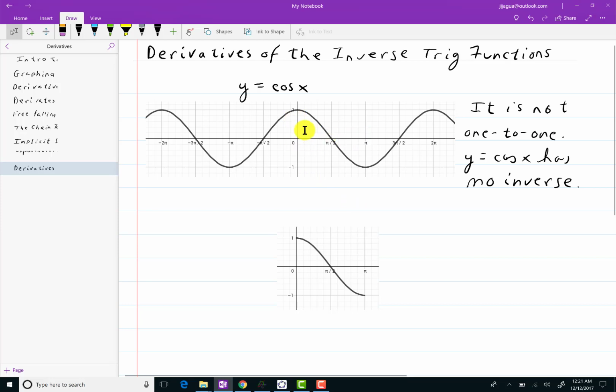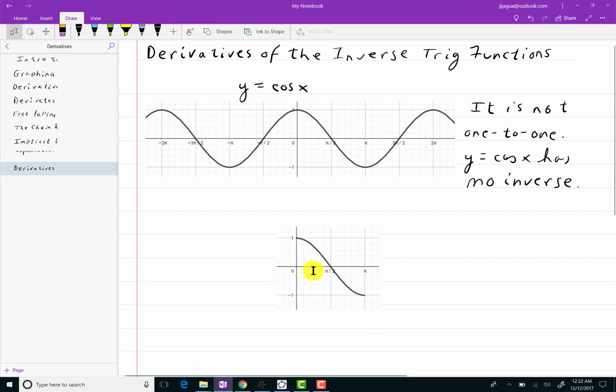It's just that piece of cosine. There's some reasons why that's chosen as the place. One, in this restricted domain, the function is 1 to 1, so it does have an inverse.